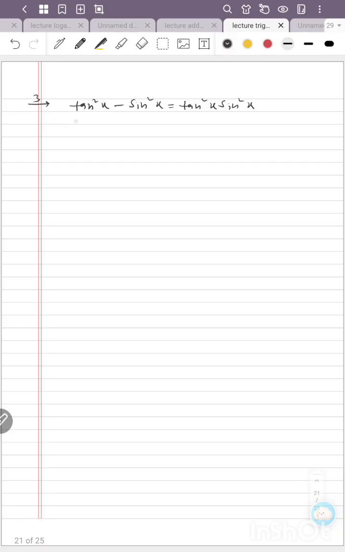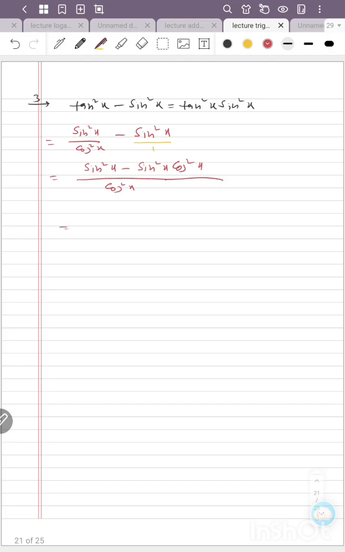We know that tan square x is sine square x over cos square x, minus sine square x, which is the same pattern. We have to take the LCM. This is 1. Taking the LCM, we get sine square x minus sine square x times cos square x, all over cos square x.